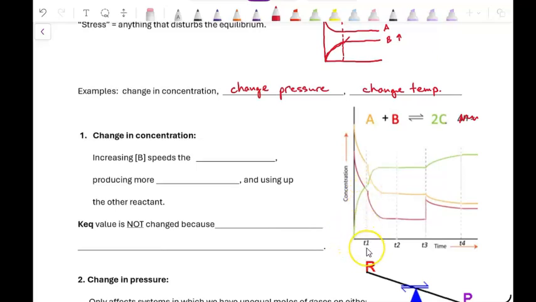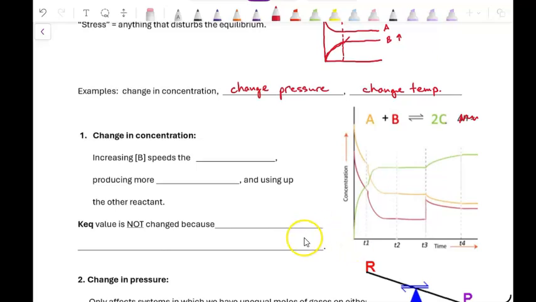I'm going to ignore this time 1 and just imagine that that's nice and smooth and going up to a nice horizontal line. So you can see that C reaches a constant concentration. You can see that B reaches a constant concentration, and you can also see that this is actually A, and then this is B. So they're all at a constant concentration. They're all at equilibrium. Okay.